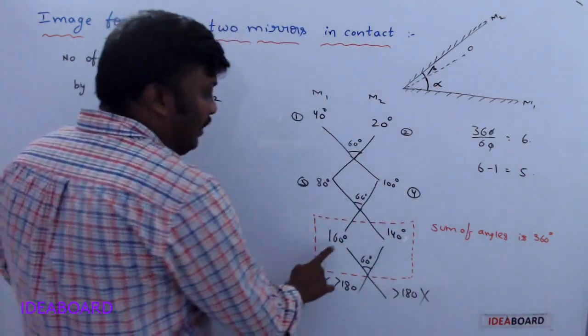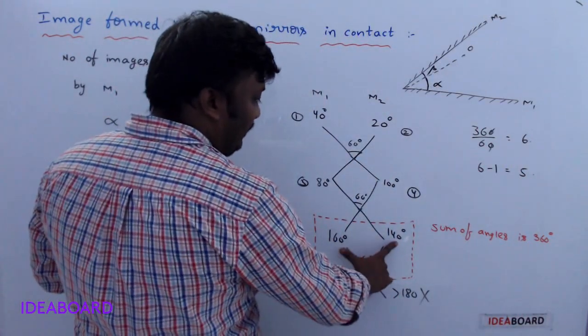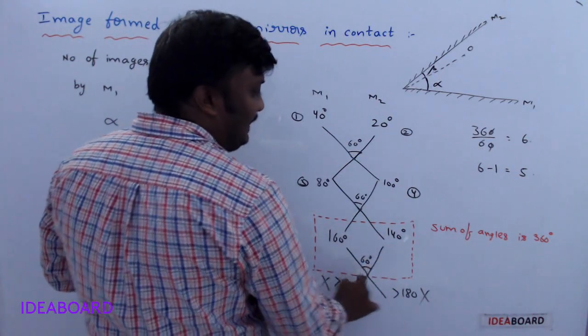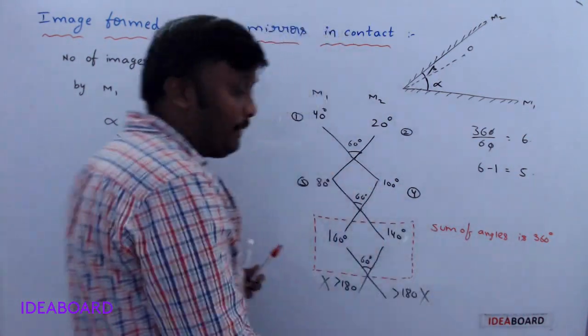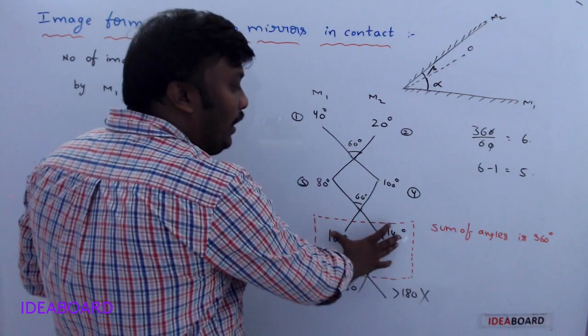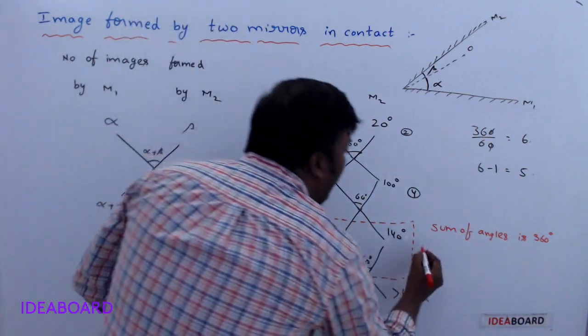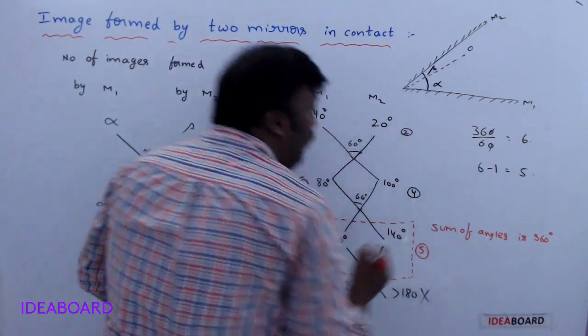Just observe here: 160 plus 140, 300. Now 300 plus 60, 360. For 360, what happens? These two overlap with each other. Whenever they overlap, we get only one image.